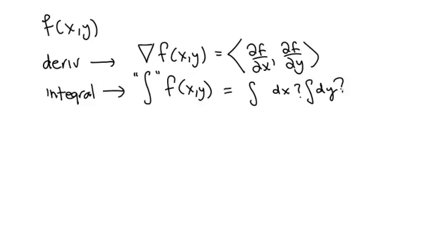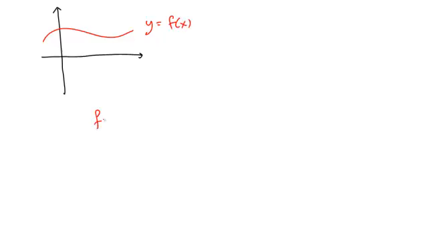Now, in order to start to motivate this concept, let's go back and remember how we did it in Calc 1. Let's go back to one-variable functions. So suppose we had a function y equals f of x. Given a function like the one we see up here, we had an integration concept.